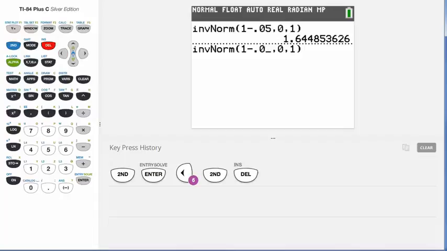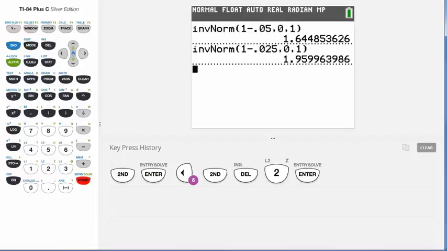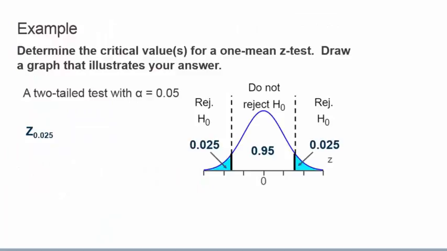Second, delete allows me to insert my 2, enter, and I get positive 1.96. Since I need a negative and a positive z, I have negative 1.96 and positive 1.96.